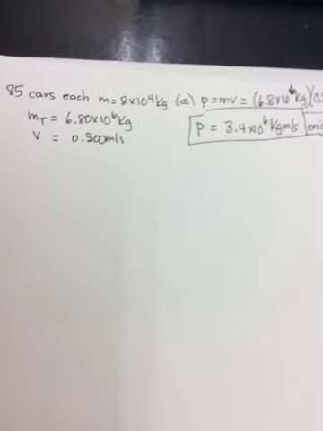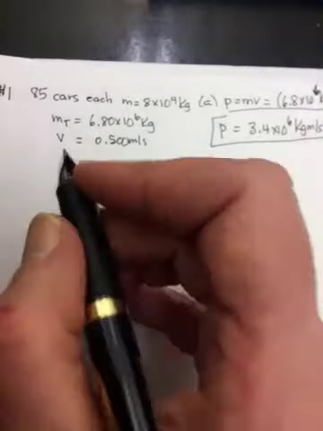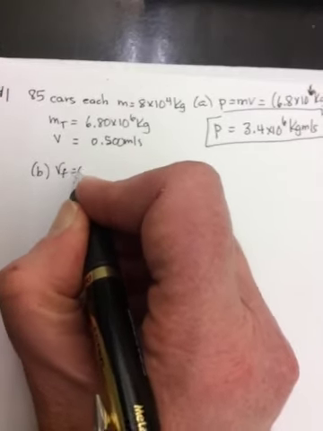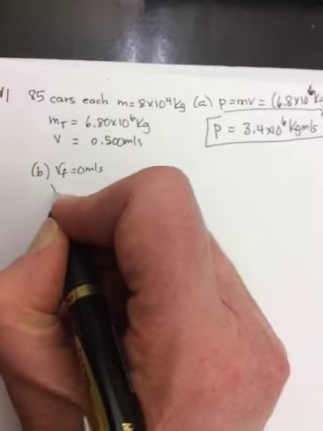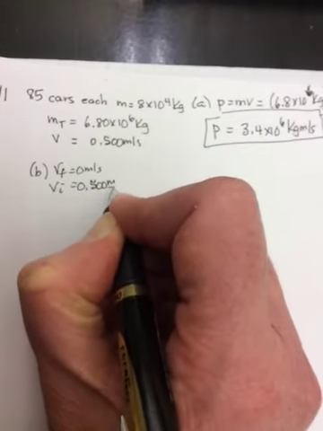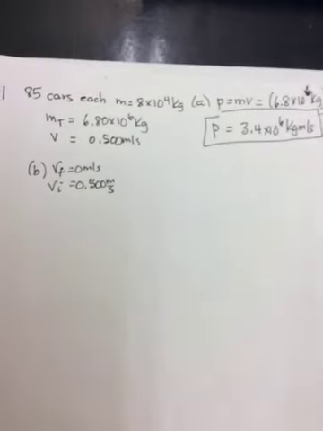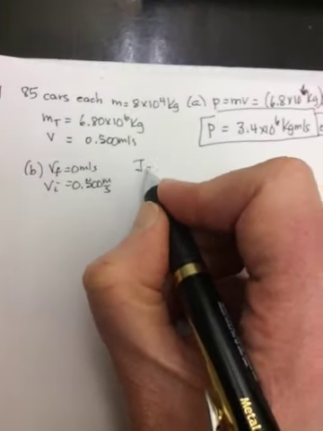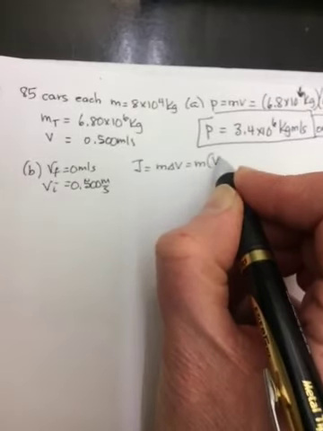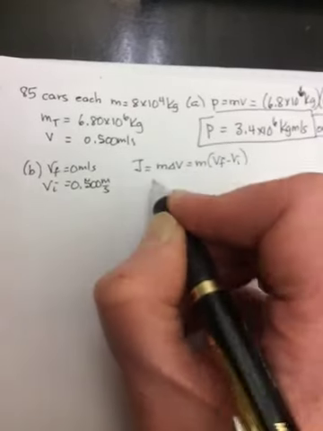B, what impulse would you have to put on the train to stop it? Okay, if we're going to stop it, then that means its VF will be 0. And its VI was what we were given in the earlier question, 0.5 meters per second. And you're looking for impulse, J, so we know J is equal to m delta V, which is really m(VF minus VI).